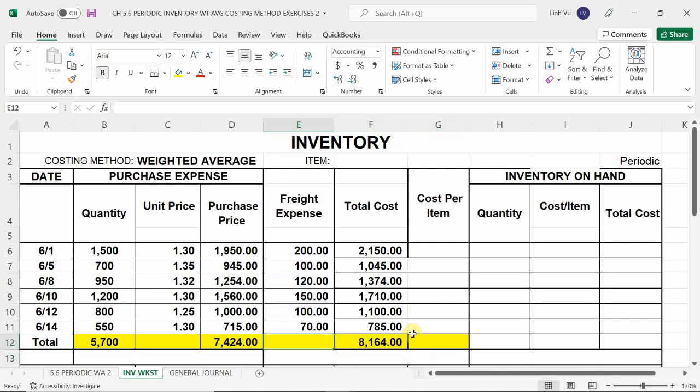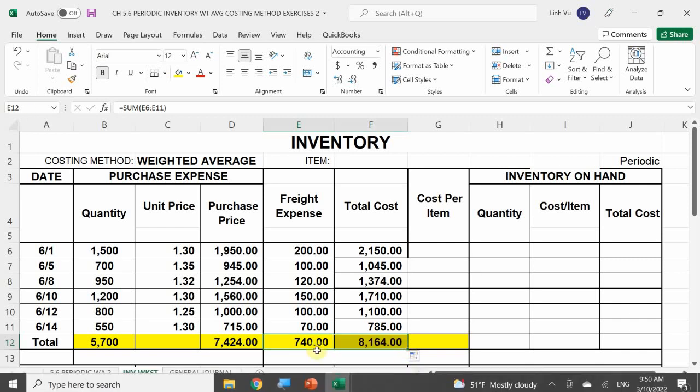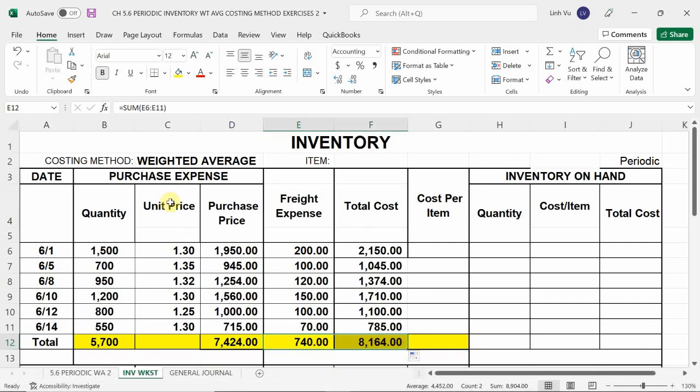We're adding the $7,424 with the 740. So you added 7,040. Oh. Okay, so it'll be 1,164. 100. Yeah. 8,164. Okay, yeah, good.